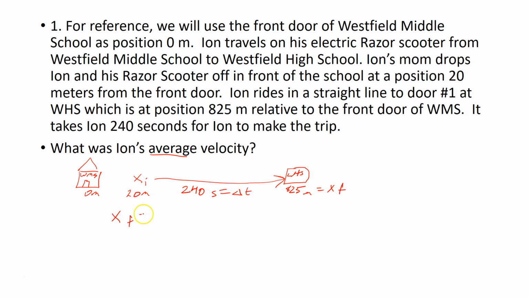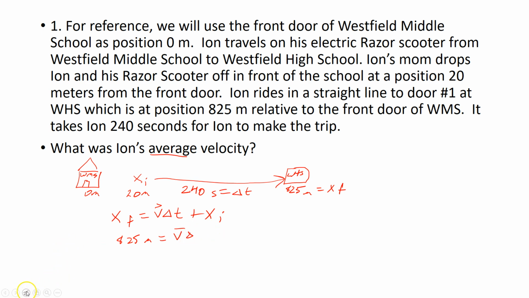We know our equation is XF is equal to the velocity times the change in time plus XI. So XF here is 825 meters. That's equal to our velocity, which is what we're looking for, times the change in time.